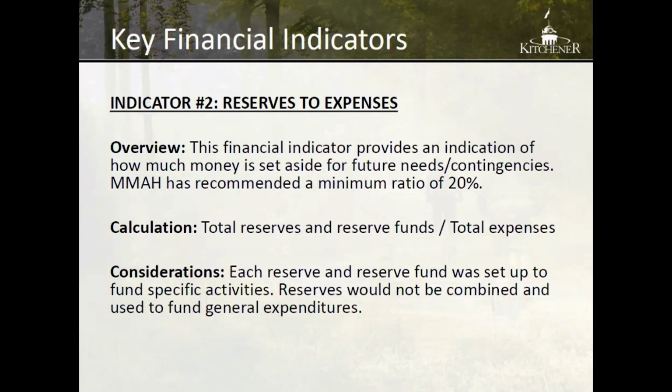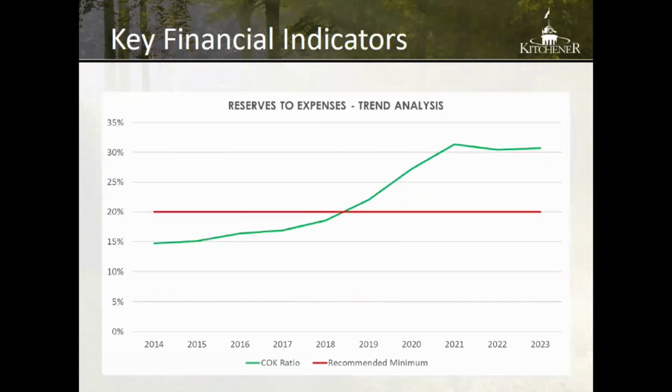The second indicator looks at reserve balances compared to total expenses. This gives an indication of how much money is set aside for future needs or contingencies. The ministry recommends a minimum ratio of 20%. The city's reserve balances have generally grown over the past decade, but as you can see, the city's ratio only rose above the recommended 20% minimum in 2019.